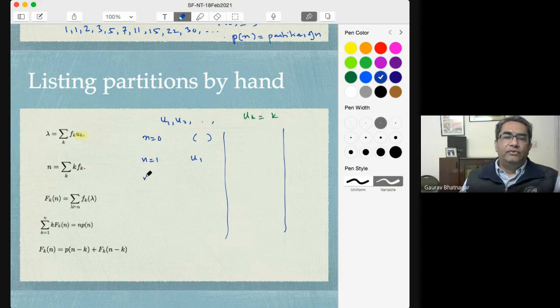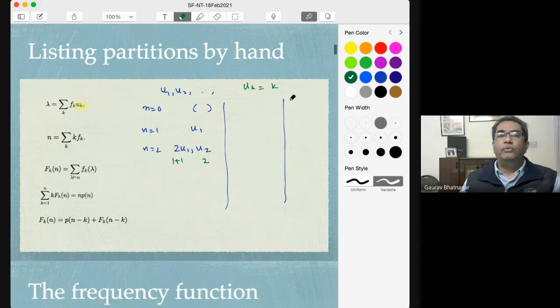And for n equal to 2, we add U1 to this, and we take a new symbol U2. So now this stands for 2 times 1, so this stands for 1 plus 1. And this is a new partition, U2 of 2. And I'll just keep adding the numbers. You take 1 as p0. So this is p_n, the number of partitions.